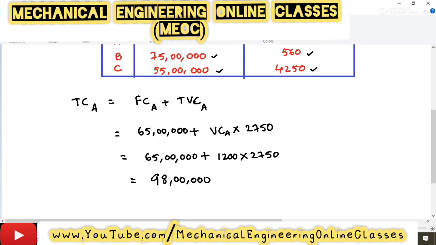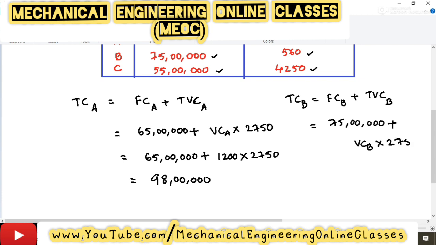Similarly, we will find out the total cost for site B, which is fixed cost for site B plus total variable cost for site B. Fixed cost for site B is 75 lakhs plus the variable cost for site B is 560 and the number of units is 2750.